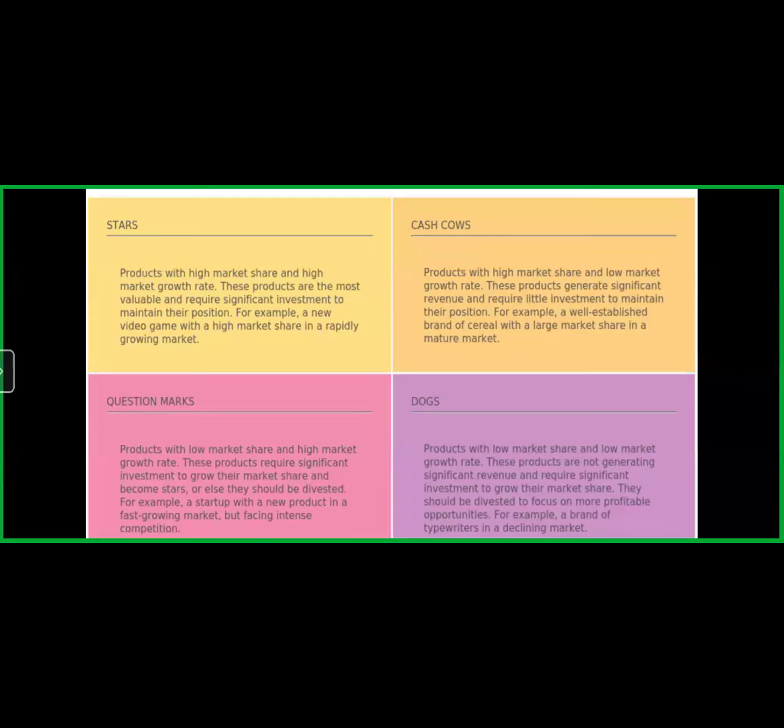Just now we had taken the example that right now Maruti is able to sell its petrol cars a lot, so it is enjoying the highest market share in the country.